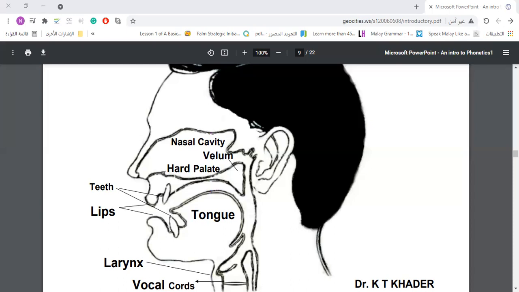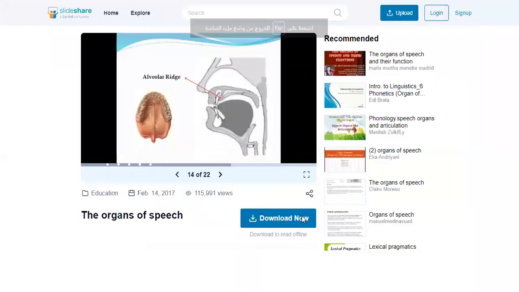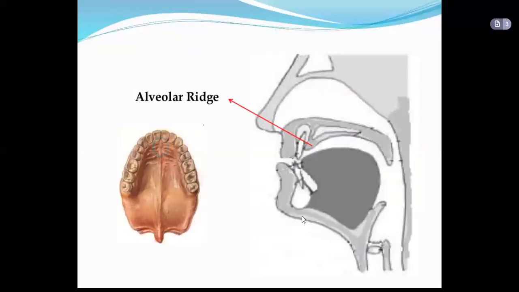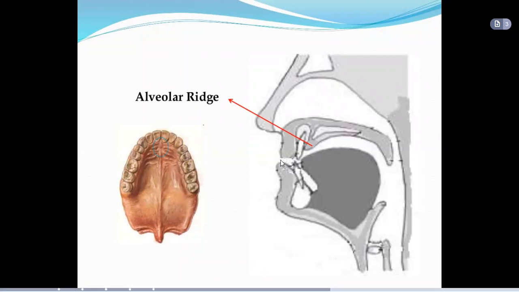Now, the one which we'll begin explaining is not actually in this picture, but in this one, and it's called the alveolar ridge. As you can see, the alveolar ridge, of course, is an immobile organ, and it includes the area between the upper front teeth and the hard palate.